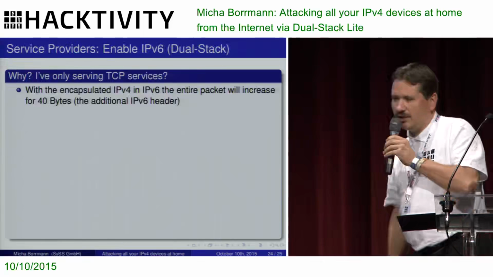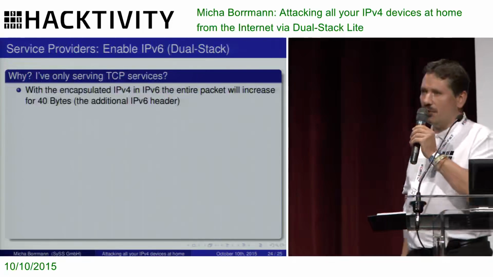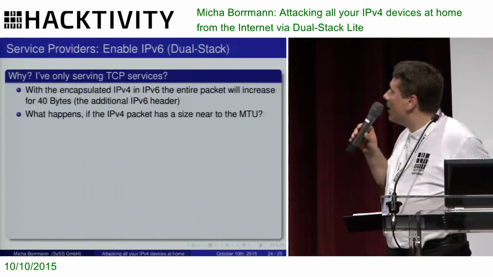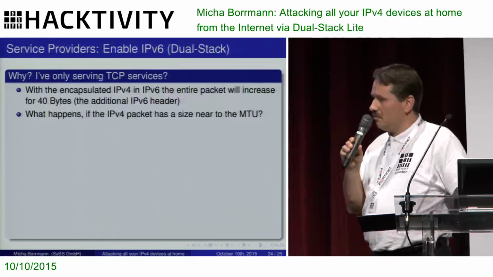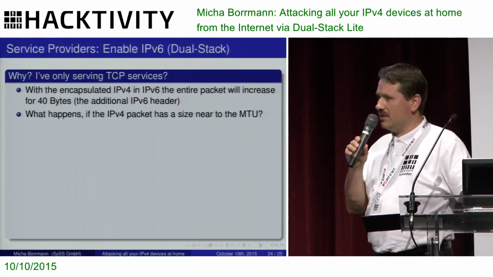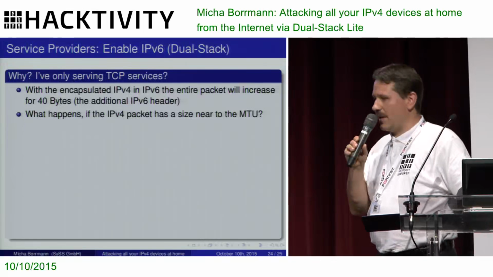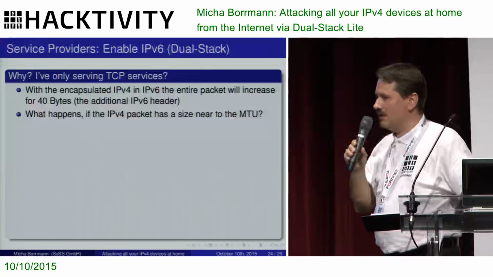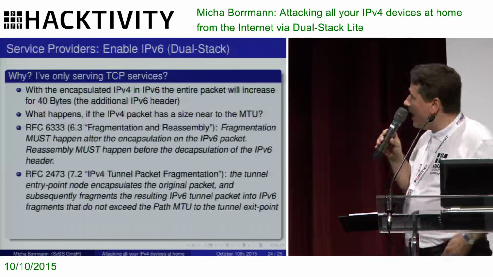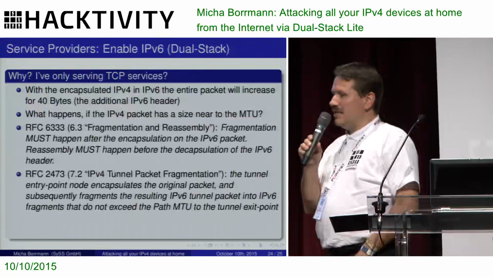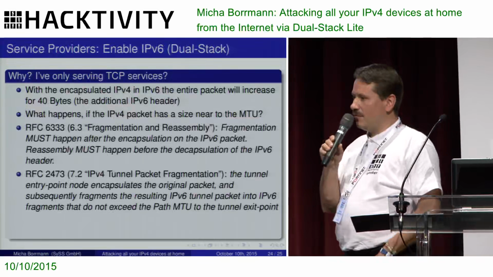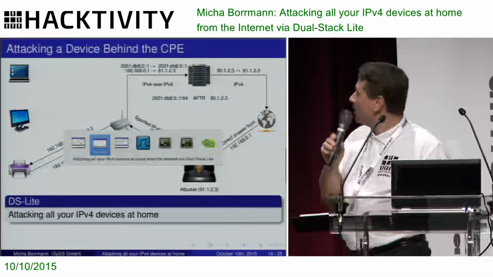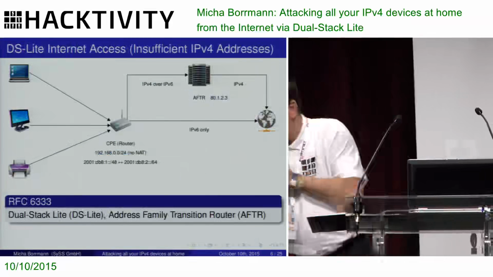The encapsulation takes 40 additional bytes for the IPv6 header. If you're serving huge files, uploading videos for instance, then the packet size is important. A small ICMP echo request doesn't care. But packets that are too big for the encapsulated tunnel will be fragmented.